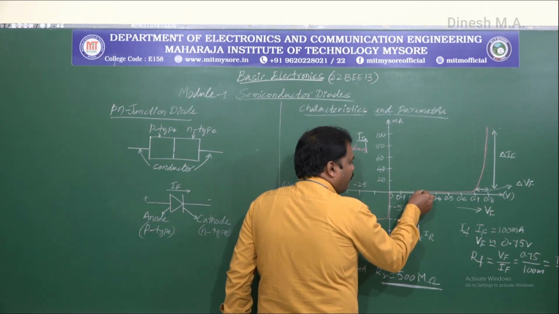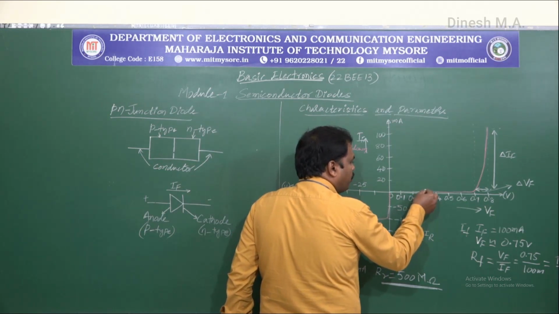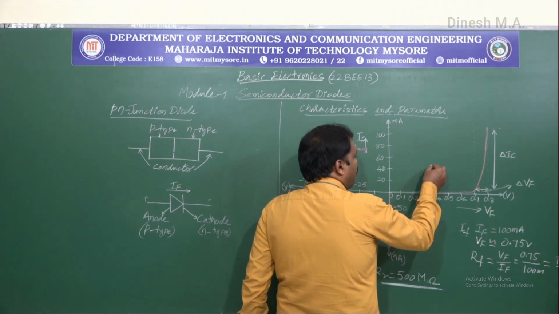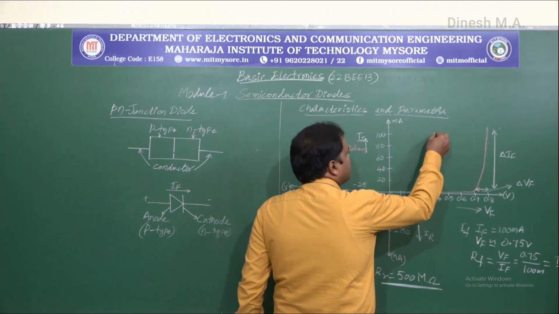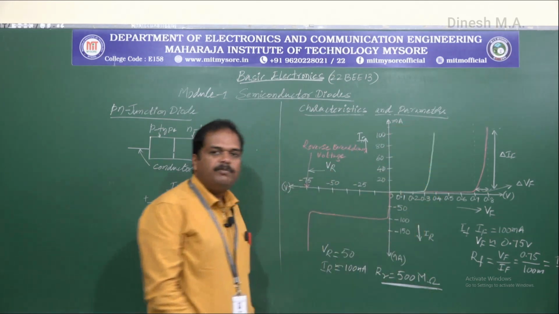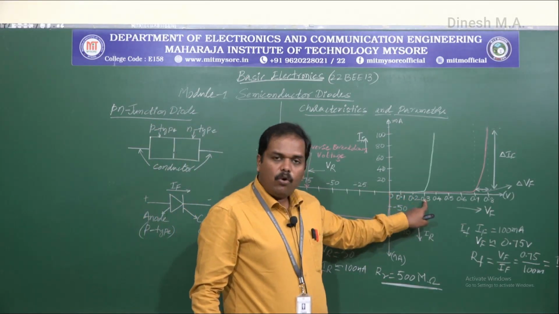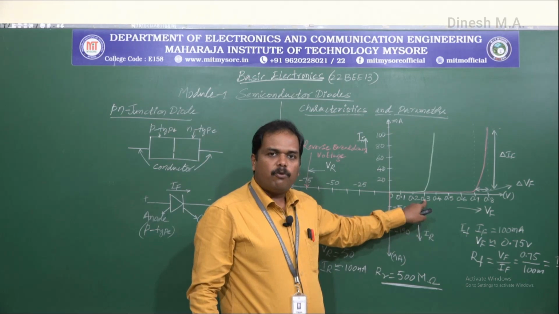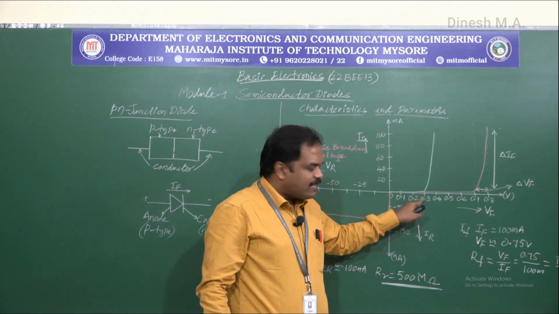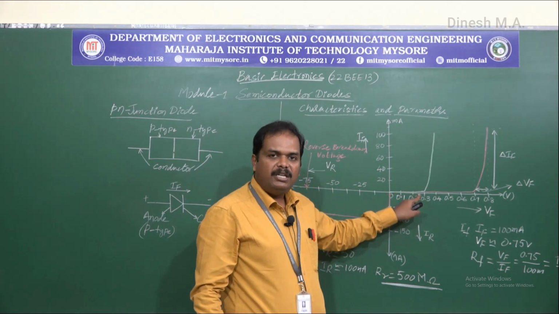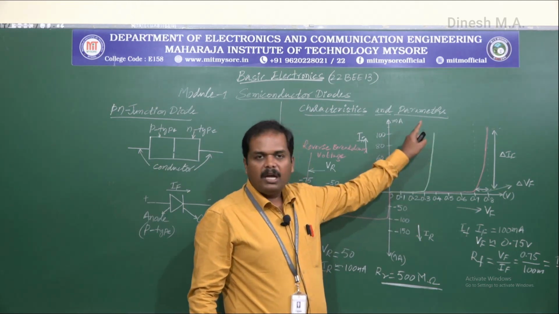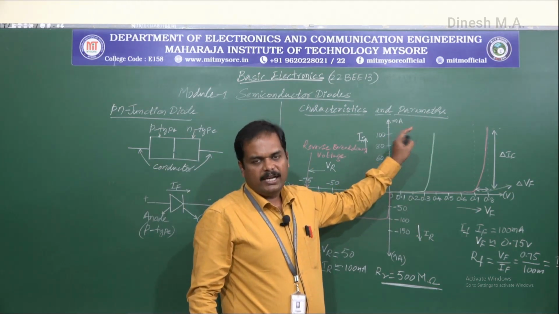As soon as the forward voltage crosses 0.3 volts, again there will be an increase in IF. So as soon as we cross 0.3 in any germanium diode, there would be IF flowing through the diode.